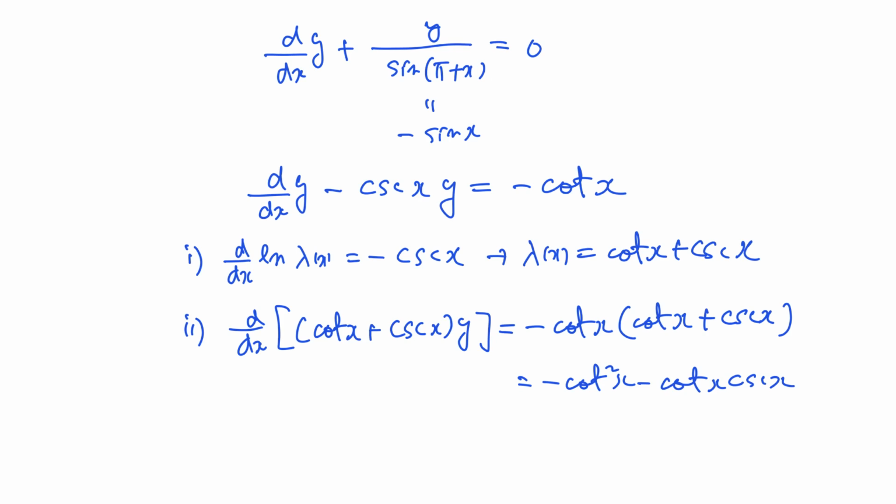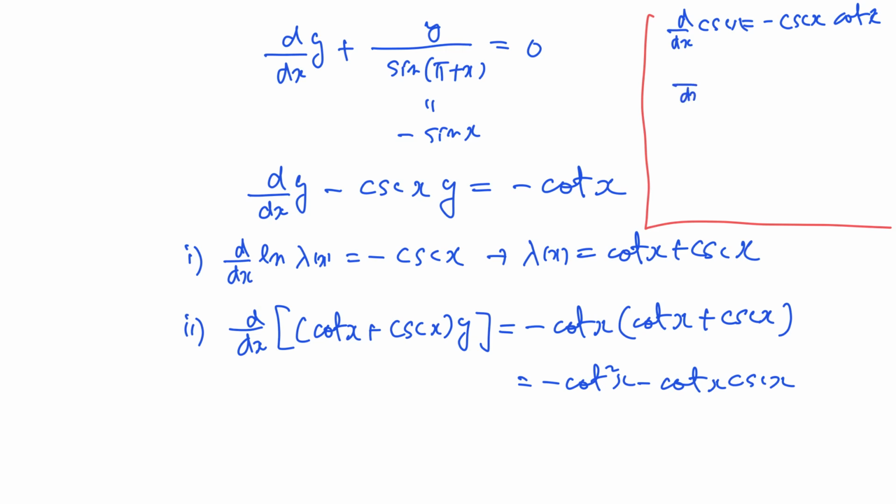So we need some results. d/dx cosecant x is minus cosecant x cotangent x, right? And d/dx cotangent x is minus cotangent square x minus 1, right?